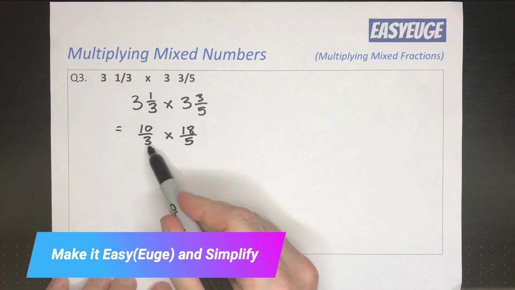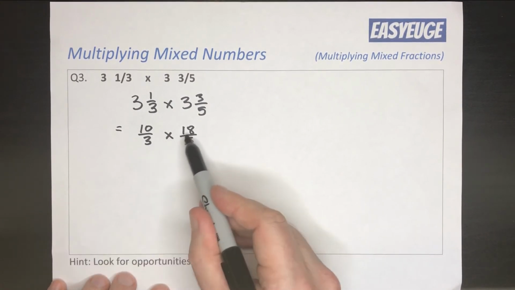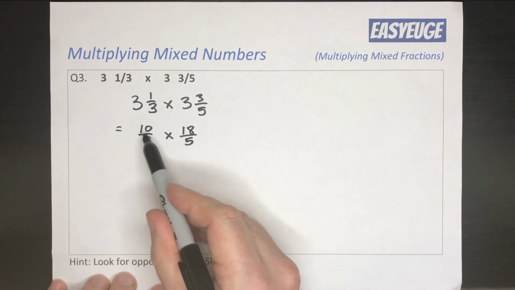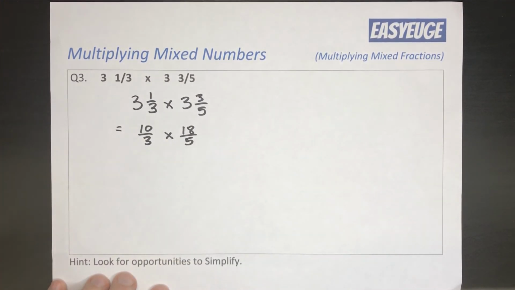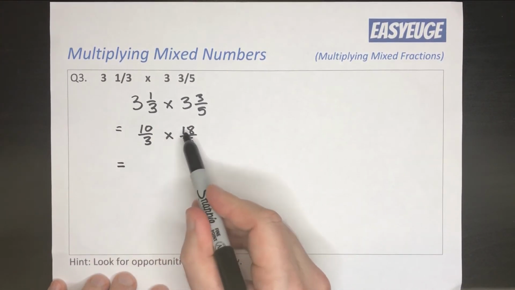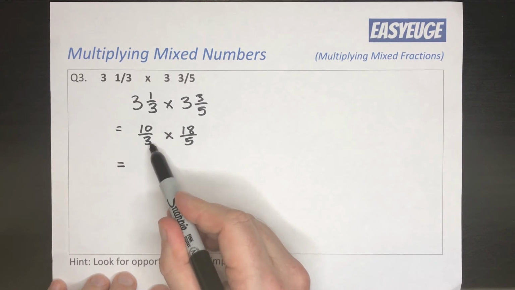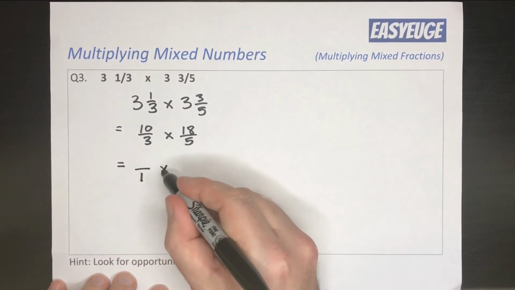I can see between the 3 and the 18, we can divide both of those numbers by 3. And between the 10 and the 5, we can divide both of those by 5. So let's rewrite that down. Let's take the 3 and the 18. 3 divided by 3 is 1. That would be on the bottom.